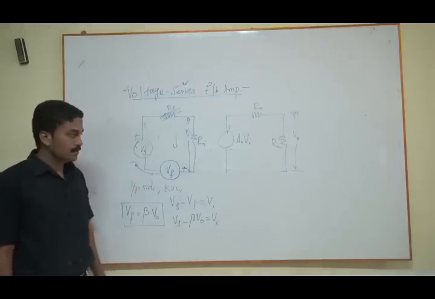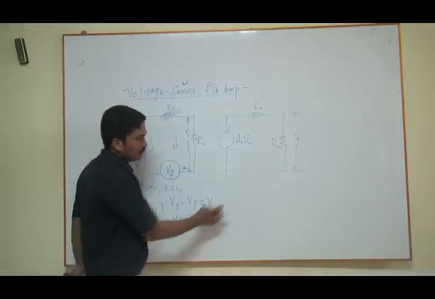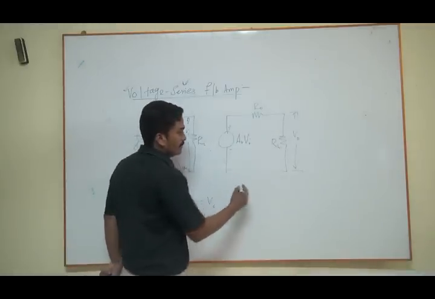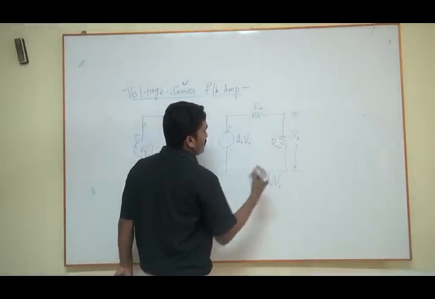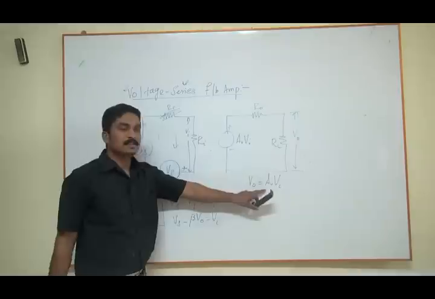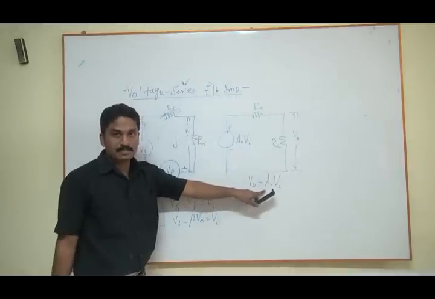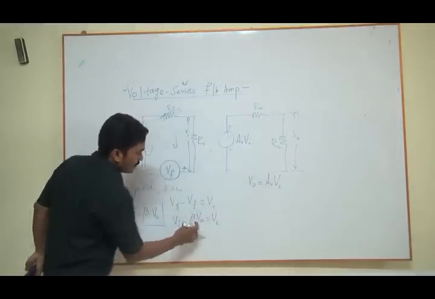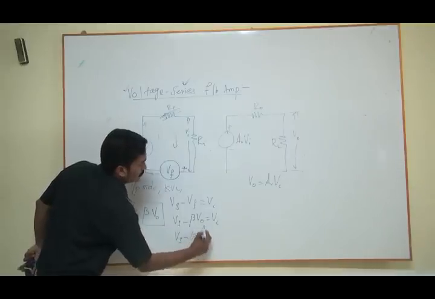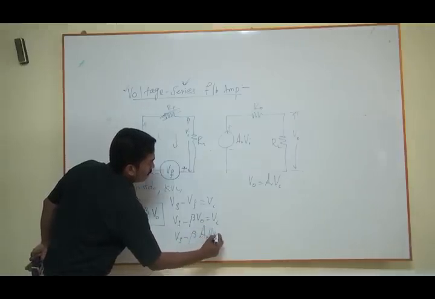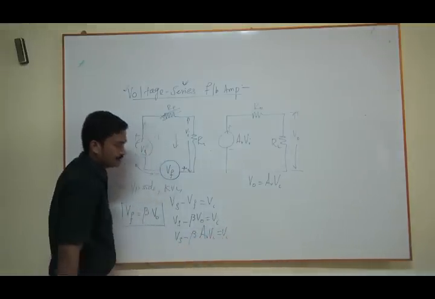Clear? And what is V0 from the output side circuit? We can find V0 is equal to AV Vi. We just found this in the voltage amplifier itself. You can substitute this over here. So Vs minus beta AV Vi is equal to Vi.